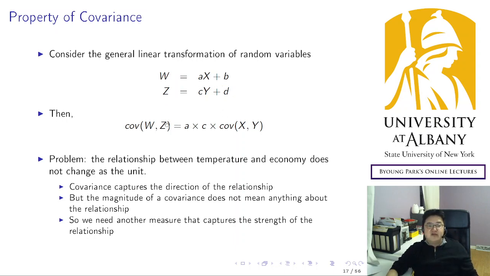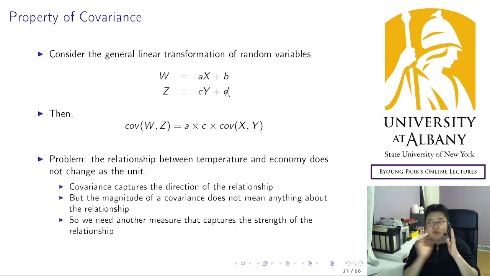The new covariance is the original covariance times the two multiplications. b and d have no effect. This is the underlying relationship between the two examples.